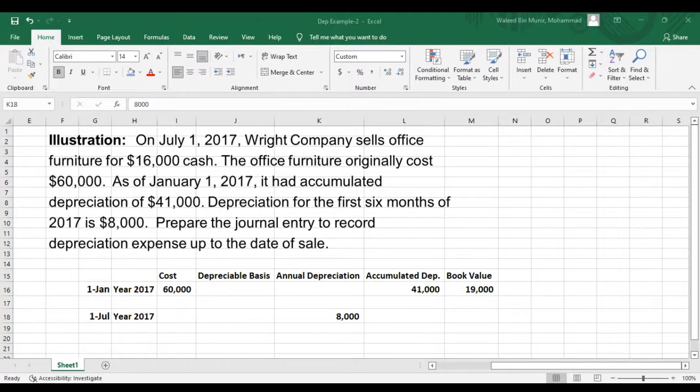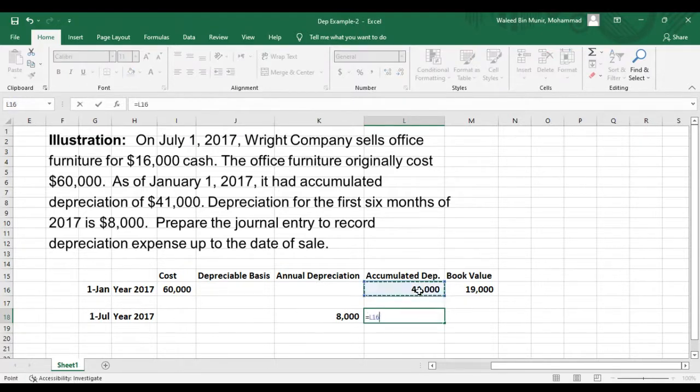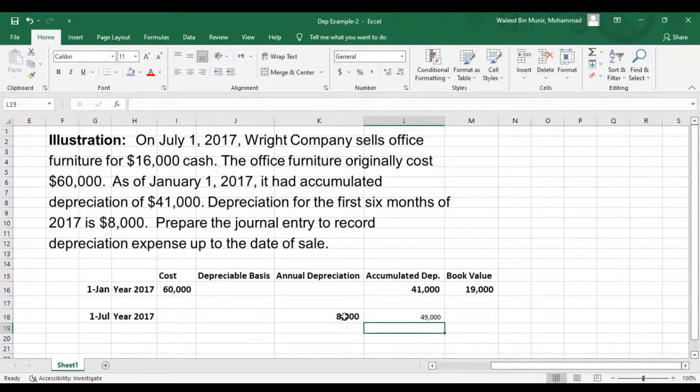Now understand what the question says, it's very important. I can calculate, if I have to calculate my accumulated depreciation on this date, what will it be? 41,000, and for 6 months it is 8,000, which will become the new total.